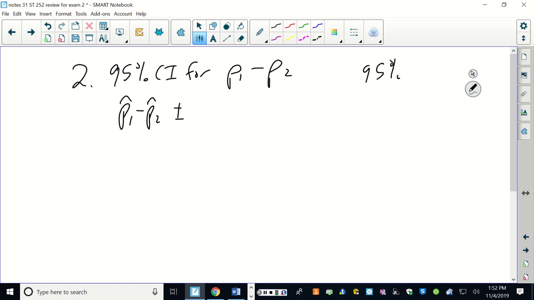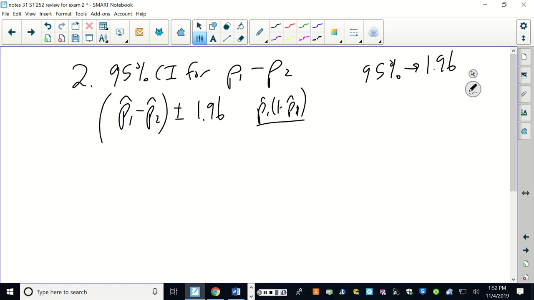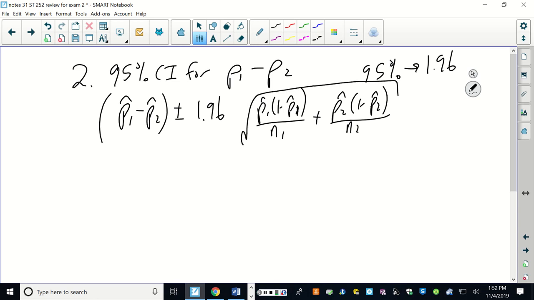With proportions we use the normal, so that's going to be 1.96, times the standard errors of those sample proportions. And so it's plugging in some numbers.